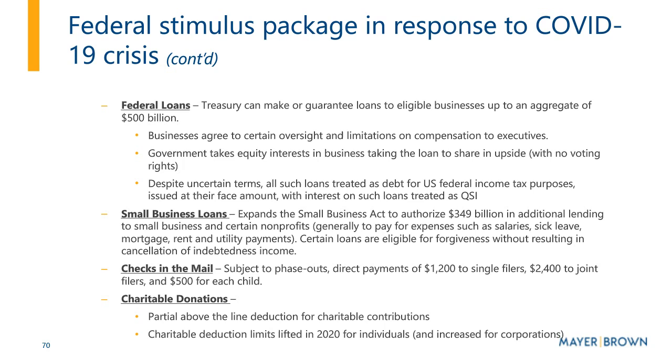Checks in the mail, you probably read in the news, subject to certain phase-outs in terms of income: single filers will get $1,200 and joint filers $2,400 with $500 for each child. And there are some changes to the charitable donations, essentially making it more flexible, allowing higher deductions and reducing some of the limits to taking deductions for charitable donations.